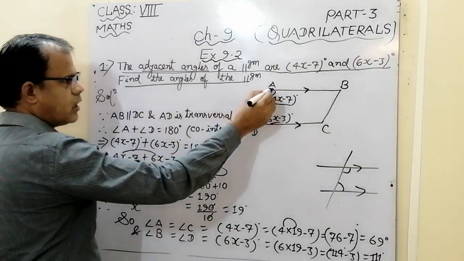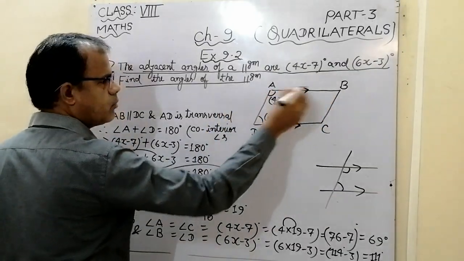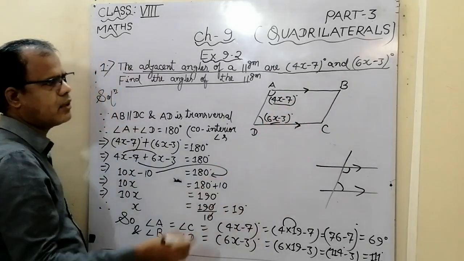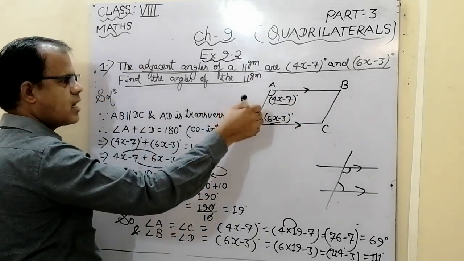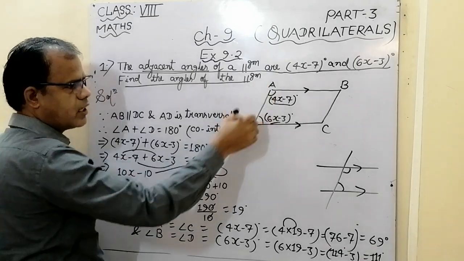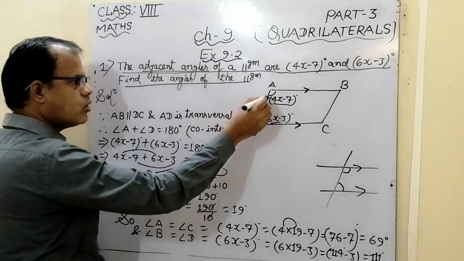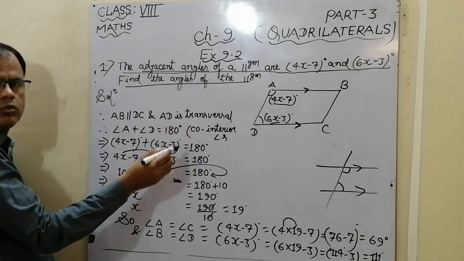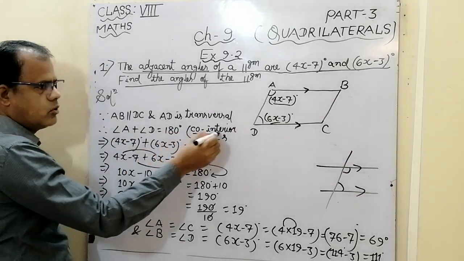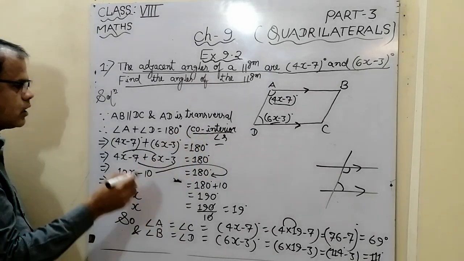So here lines AB and DC are parallel, and AD intersects them, so AD is the transversal line. So angle A plus angle D equals 180 degrees. Why? Due to the co-interior angle property.